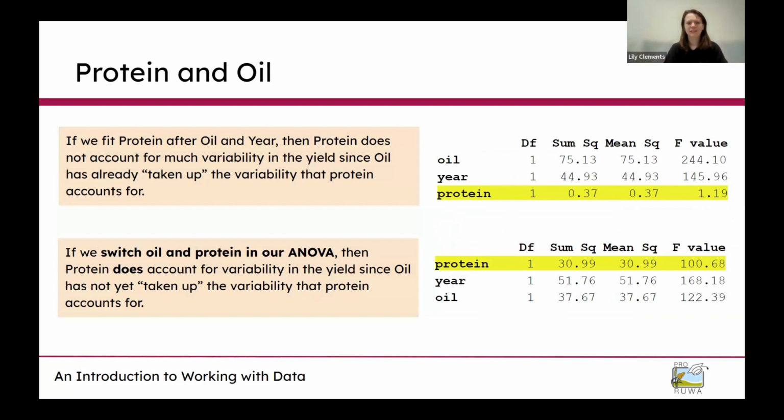We can see protein does account for variability in the yield because oil has not yet taken up that variability. So all this means is that the order we put it in has changed how much protein accounts for, because protein and oil are so strongly correlated.